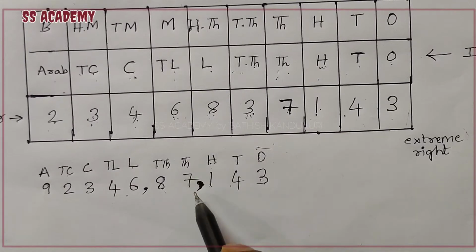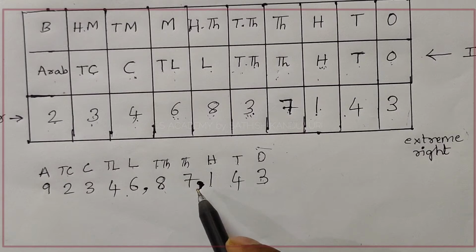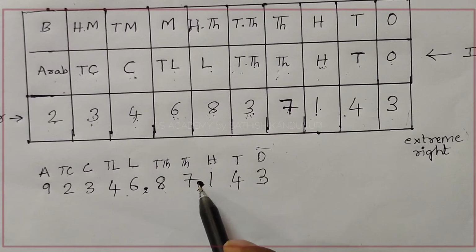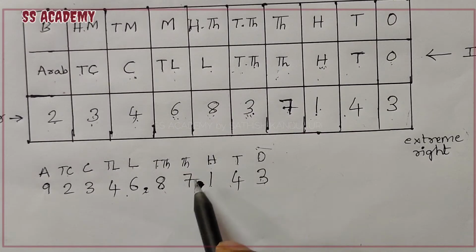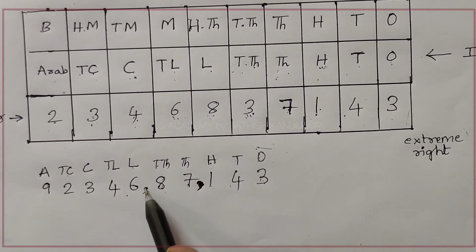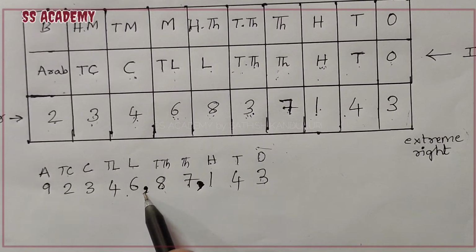After that, after 2 digits, another separator is used. This is the first separator. After that, 2 digits, and after 2 digits we use another comma. Thus, after every 2 digits, you need to use a comma as a separator.